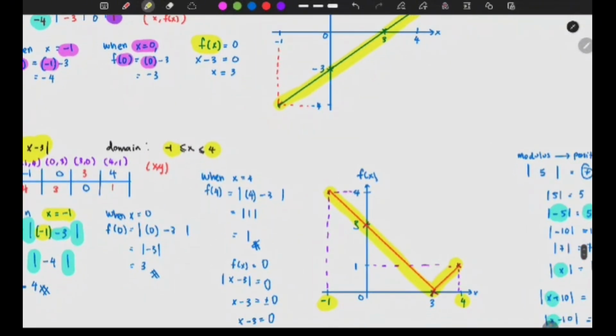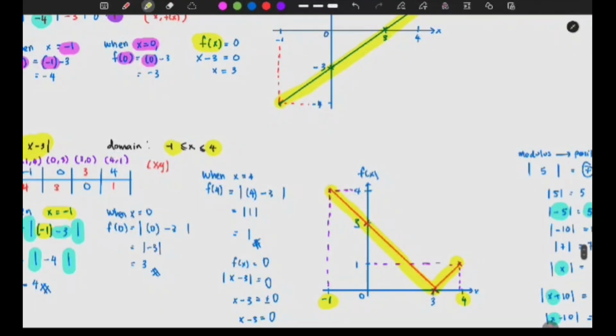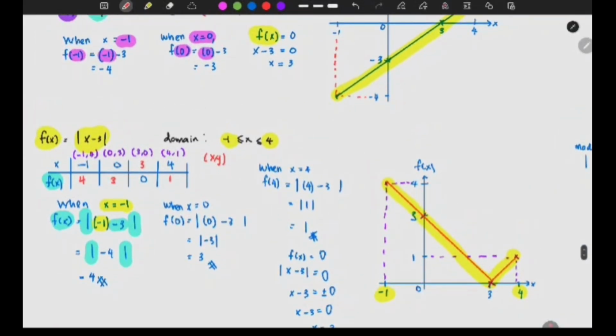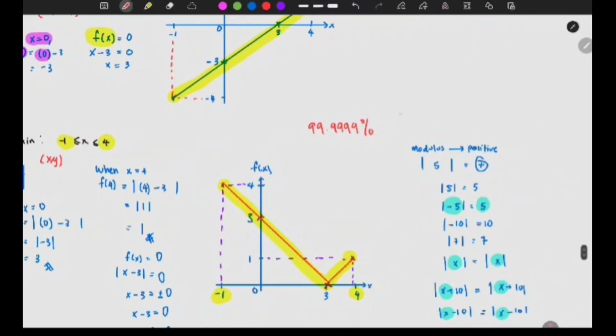This is because of the modulus. This is what modulus does in a graph. Remember guys, when there's a modulus in a function, 99.9999% of the time, when you do a graph with a modulus, you will get a V shape or a tick shape, either one.